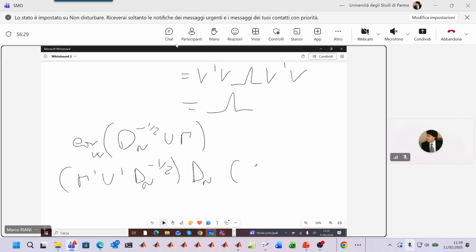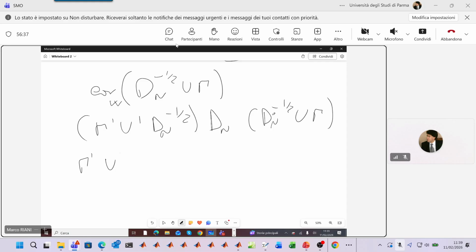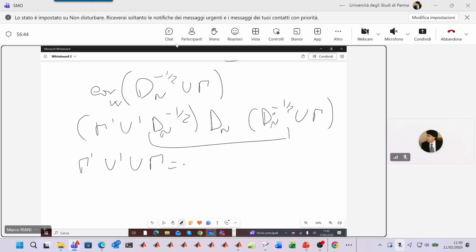So this is D_r to the minus 1 alpha U gamma, gamma prime, U prime. All this is the identity, U prime U, gamma. Gamma prime gamma, gamma is the diagonal, okay, gamma times gamma, lambda. Once again, right?